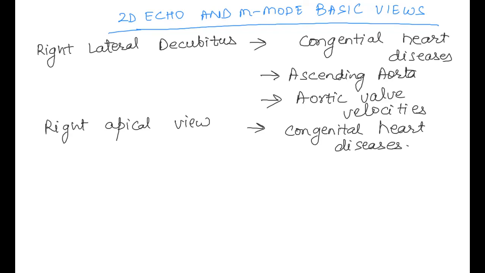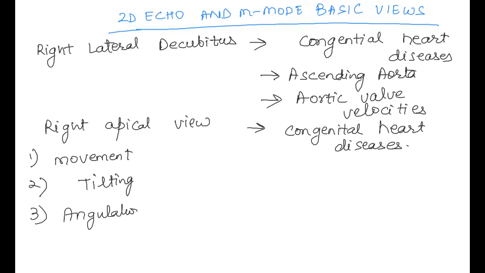Now, the things which we study in this, first is movement, second is tilting. Tilting means in which position the person is lying down. Third is angulation. Fourth is rotation.